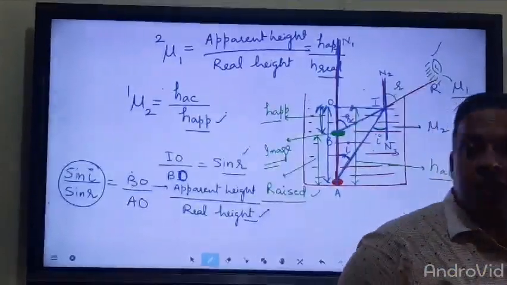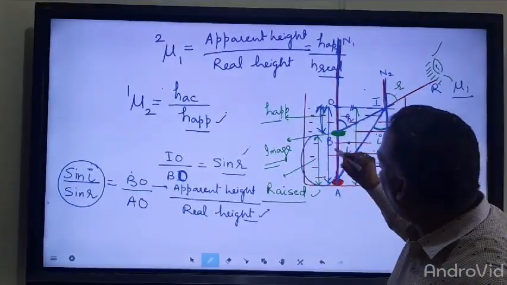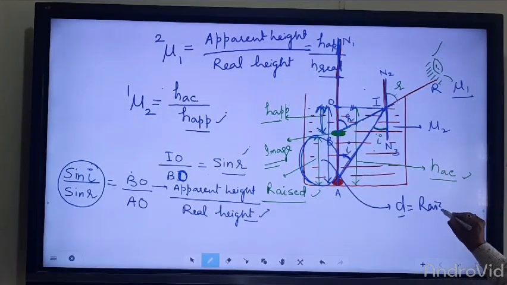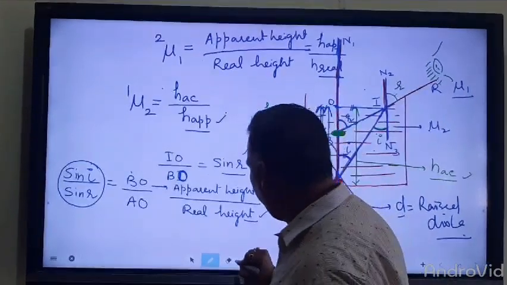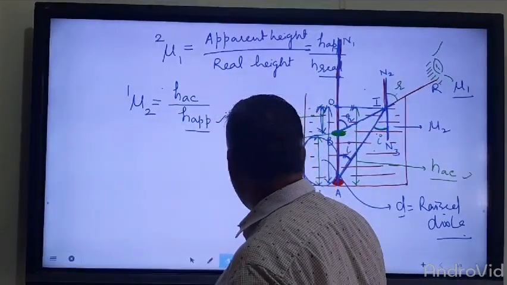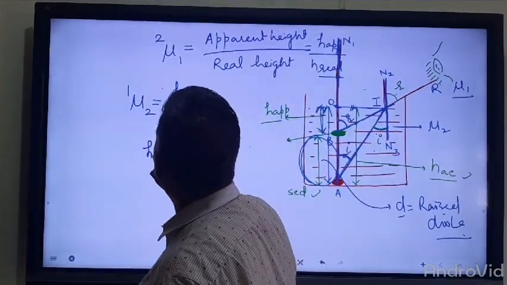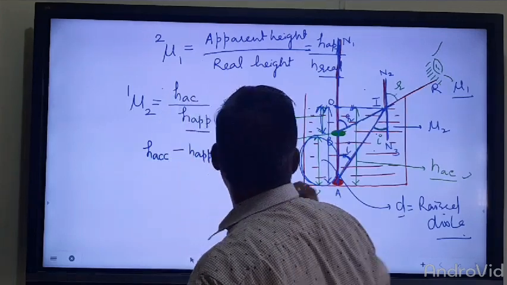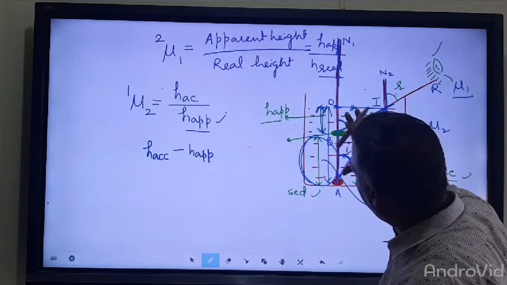So by how much distance has it been raised? If I have to calculate the raised distance only, then I have to subtract: h actual minus h apparent. This was apparent, this was actual.